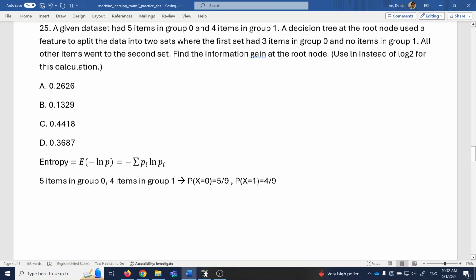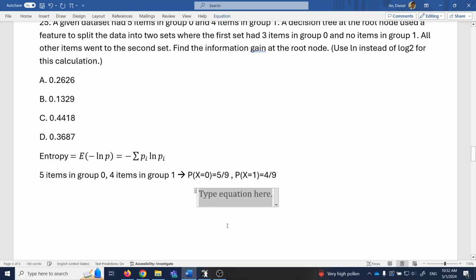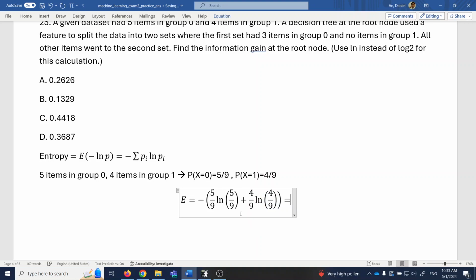And therefore we calculate this by calculating the sum. So the entropy here would be minus 5 ninths times ln of 5 ninths. The formula says probability times ln of the probability. And then plus 4 ninths times ln of 4 ninths. We'll calculate this using the calculator, which will become negative, and there's a negative sign, so you just make it positive. So let me use a calculator.